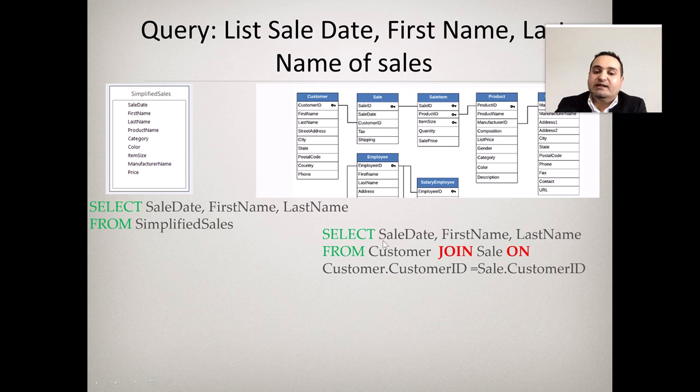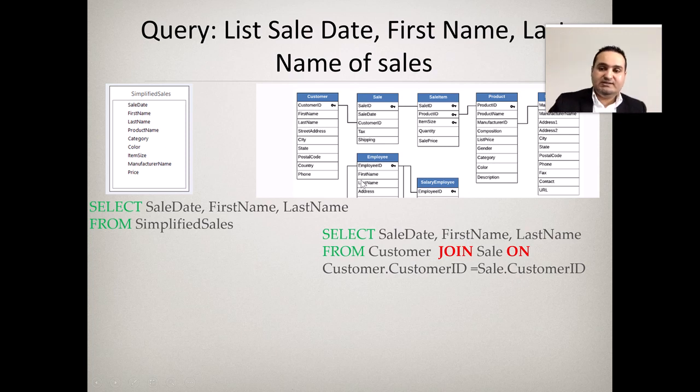In the select clause, we just identify the names of the columns: sale date, first name and last name, very similar to what we did when we retrieved from one table only. But now in the from clause, this is the only difference. Instead of retrieving from one table, we will retrieve from those two tables, because we identified that the sale date is from the sale table and first name and last name are from the customer table.